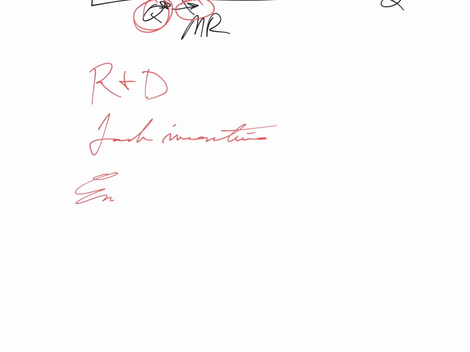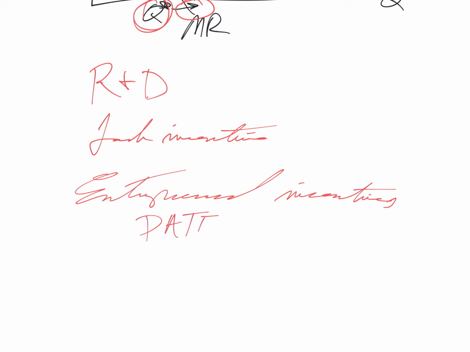Also, okay, sorry about that. Entrepreneurial incentives. This is to incentivize people to invent stuff, develop new stuff. You can get a patent, okay? And that gives you a monopoly.